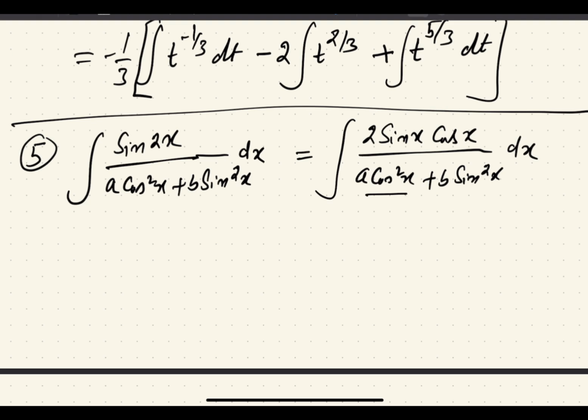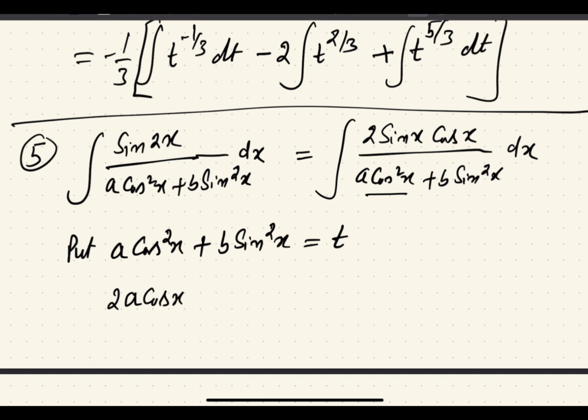We will put this whole thing, a cosine square x plus b sine square x, equal to t, and the derivative will be 2a cosine x, and the derivative of cosine is minus sine, plus 2b sine x into cosine x, and here dx, that equal to dt.